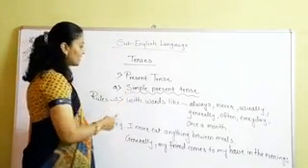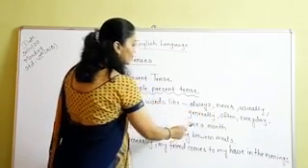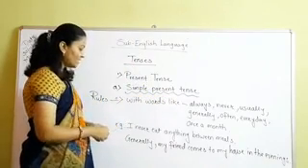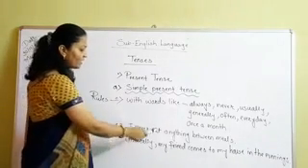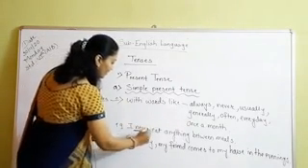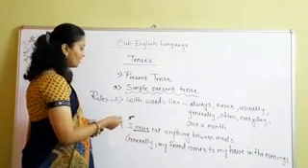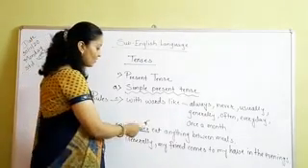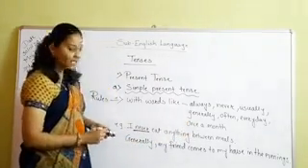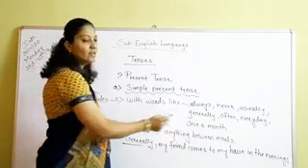We are using simple present tense with words like always, never, usually, generally, often, every day, once a month. So when these words come in the sentence, for example, I never eat anything between meals. So in this sentence we have used never. Or the second sentence, generally, my friend comes to my house in the evenings.